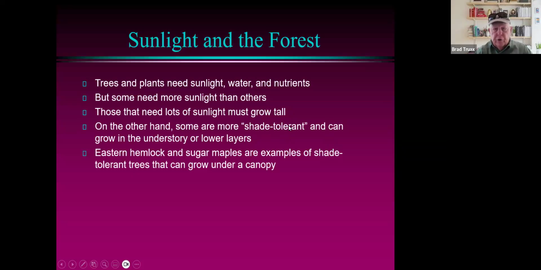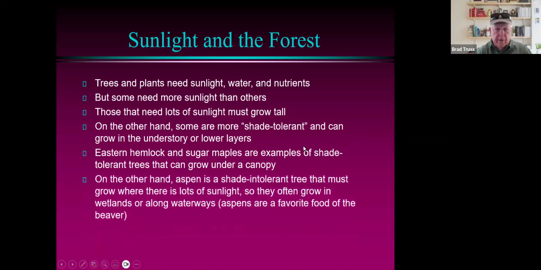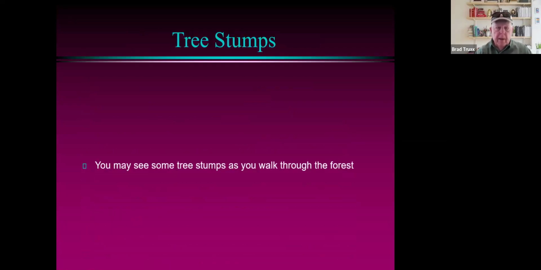Eastern hemlock and sugar maples are examples of shade tolerant trees that can grow underneath the canopy. On the other hand, aspen is a shade intolerant tree that needs to grow where there's lots of sunlight. So these often grow in wetlands or along waterways. By the way, that's probably a reason aspens are a favorite food of beavers.